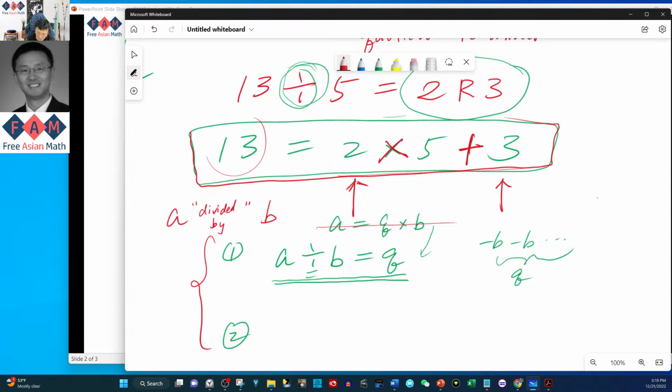And that is represented as this Q. We still have a Q. That's the maximum number of copies of B that we can subtract before we hit the negative territory. Q times B plus a remainder.